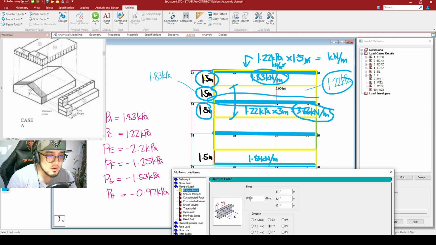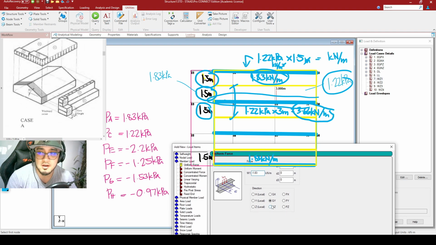So member load, and what is to be the magnitude? The magnitude of this is to be 1.83 kilonewtons per meter and 3.66 kilonewtons per meter. So 1.83. But take note, guys, that since we want our load to be acting along the negative z direction, I would now be changing this into negative 1.83, and I will be changing the direction here to GZ, or the global z direction.